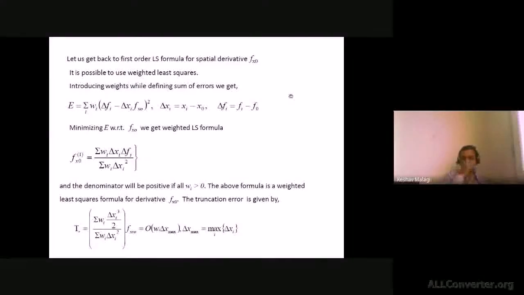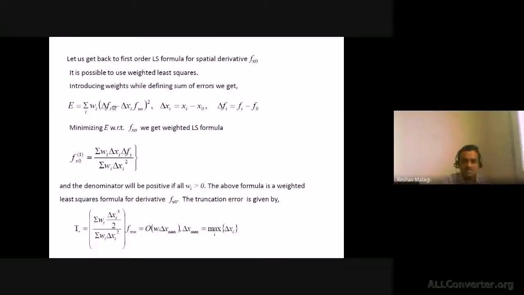Okay. So now let us look at the first order approximation of the fx. There are certain comments in order here. We just took each point for whatever function value it gave, but we can weight them also. Each point can be assigned some weight, and we can take a weighted sum of their errors.